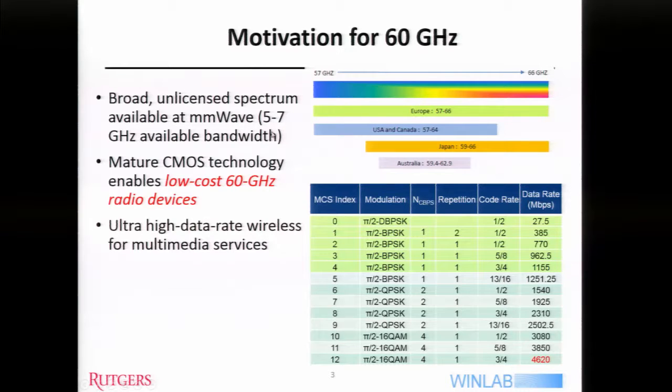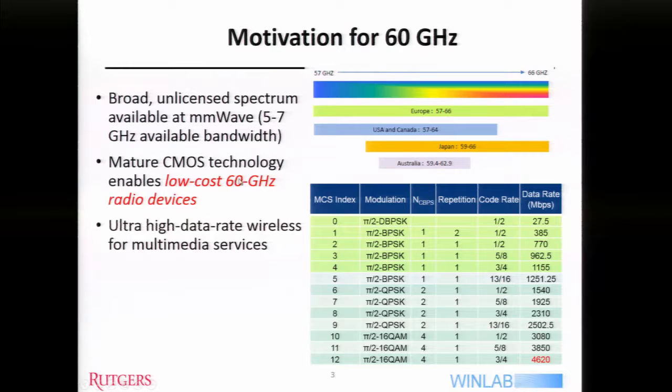In general, the 60 gigahertz will have 5 to 7 gigahertz bandwidth, whereas in today's Wi-Fi at 2.4 and 5 gigahertz, the bandwidth is less than 1 gigahertz. Another thing that triggered research interest is a big breakthrough in CMOS design technology that can enable low-cost 60 gigahertz radio devices.